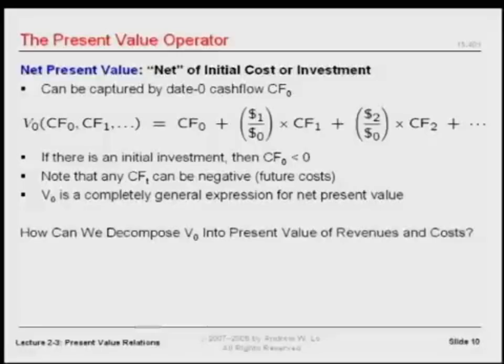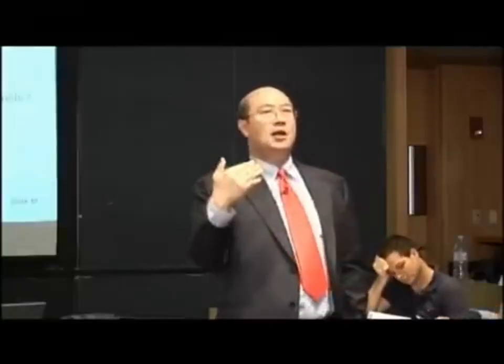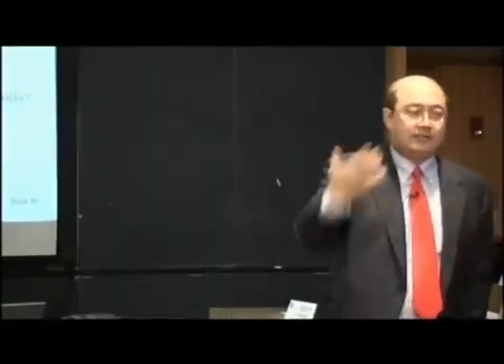Notice that these exchange rates are sometimes called discount factors. The reason they're called discount factors is because typically they are numbers that are less than 1, like what we saw today. $1 next year, I was able to auction off for 97 cents today. That number is smaller than $1 because people are impatient. $1 today is worth more than $1 next year.